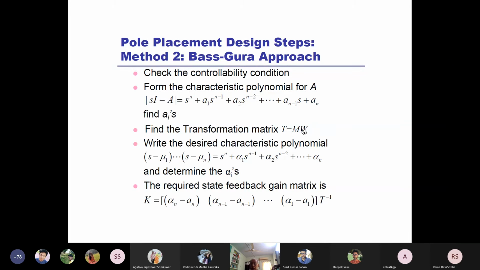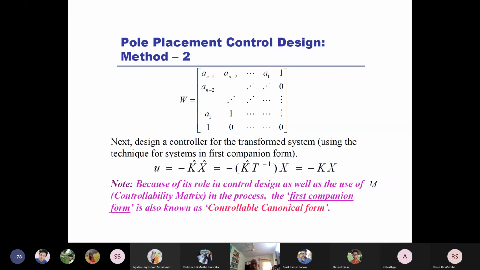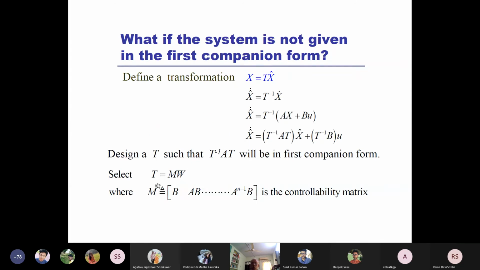Okay, so the second question comes here. How do you know that if I use T is equal to MW, then this will become the controllable canonical form? I am not discussing the proof of this over here. You will find the proof in the book Modern Control Engineering by Ogata.